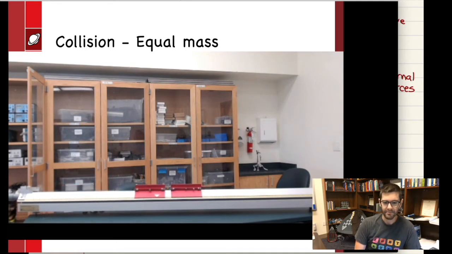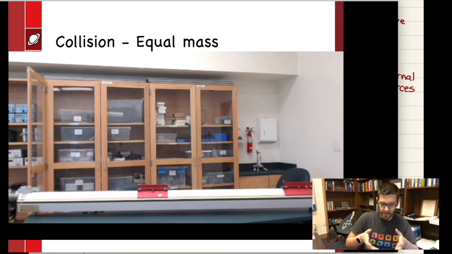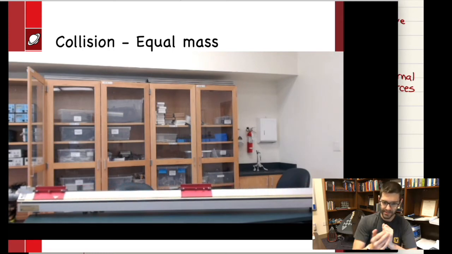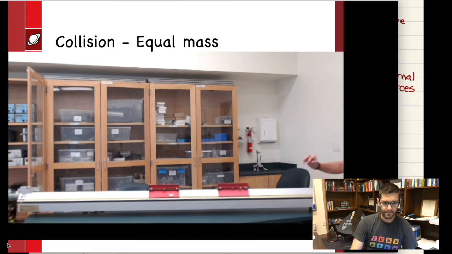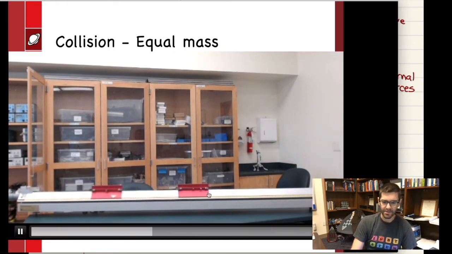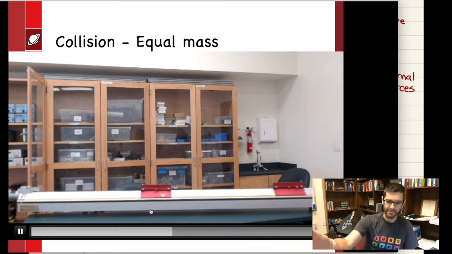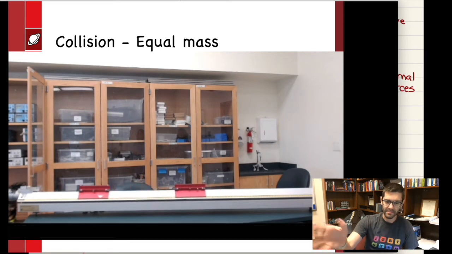So in the case of equal mass, it appears like all of the forward movement gets sent to the other object it collided with. Go back a little bit. Right, thus the one in the back essentially comes to rest, and the other one moves forward at roughly the same speed that it was going at before.